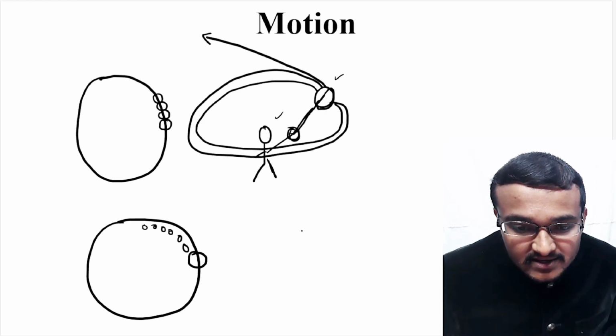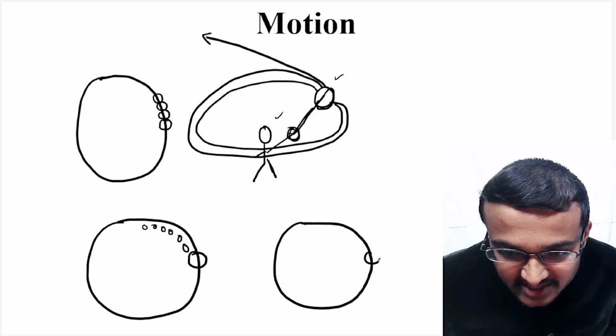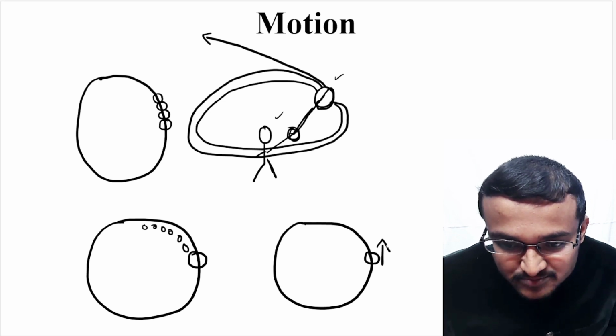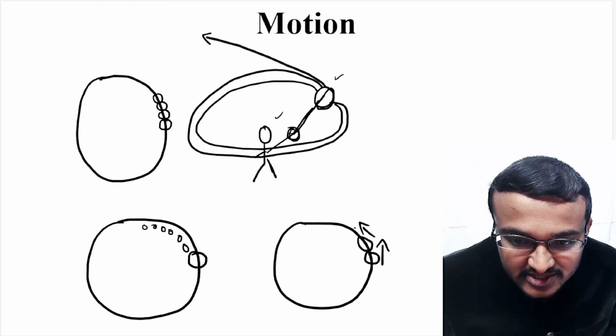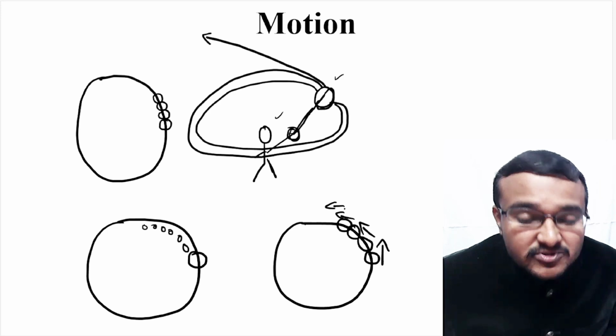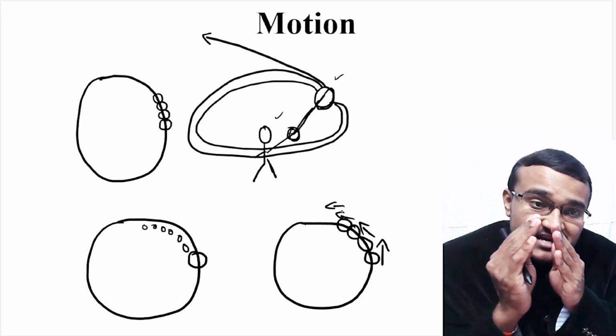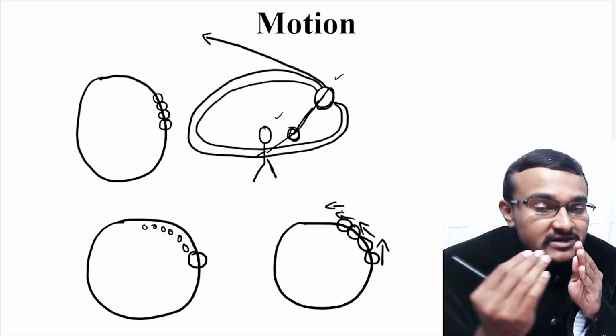For example, if this is a circular path, here at this position the object will be moving in this direction, at this position in this direction, and at this position in this direction. That means change in direction is there at every instant on the circular path.